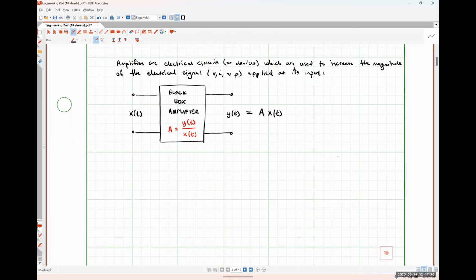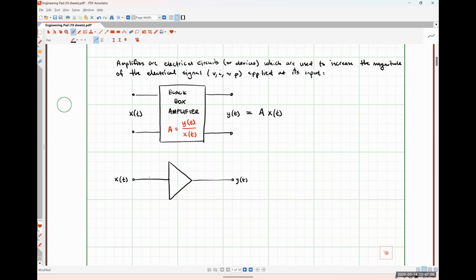So a different way to represent this exact same system would be something like this. The triangle is the general symbol for an amplifier in signal flow diagrams as well as most schematic diagrams, where we would have our input signal x of t on the left-hand side, our output signal y of t on the right-hand side.